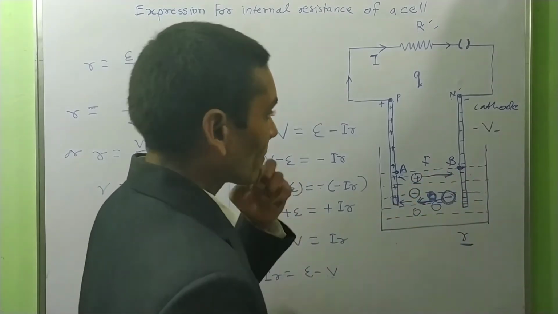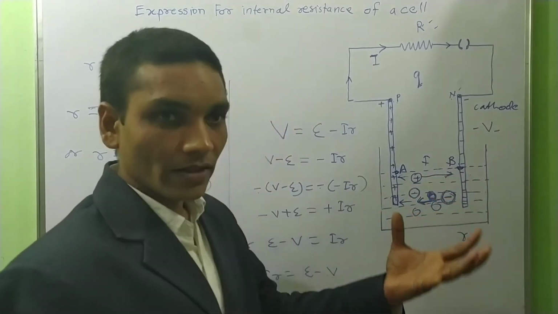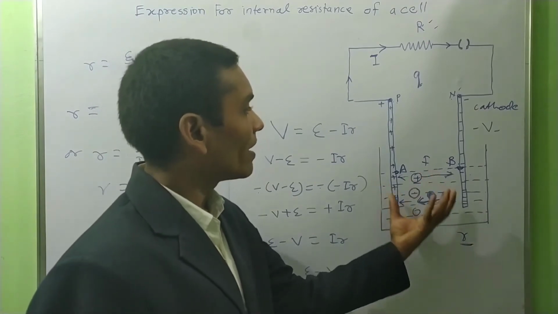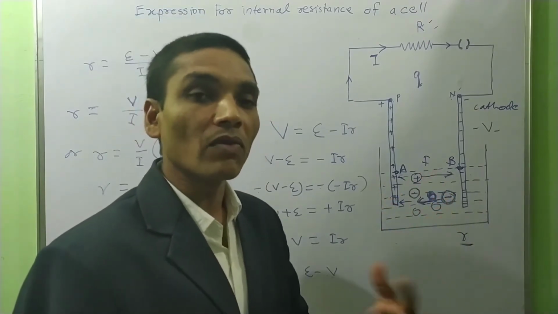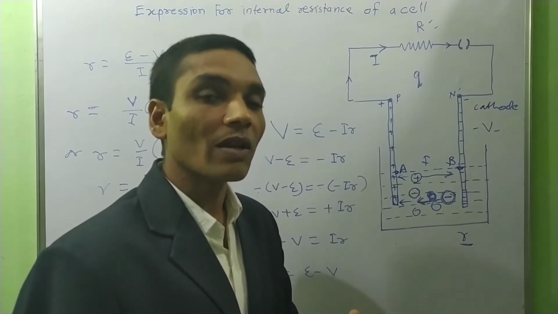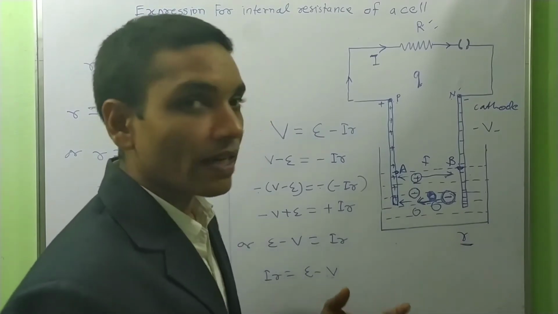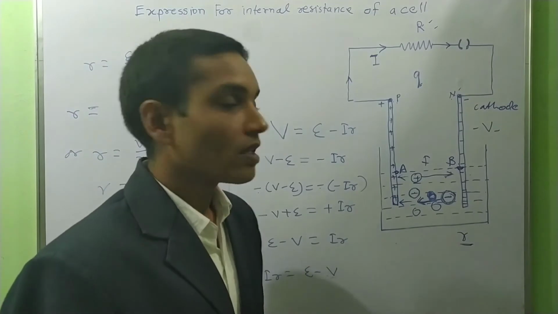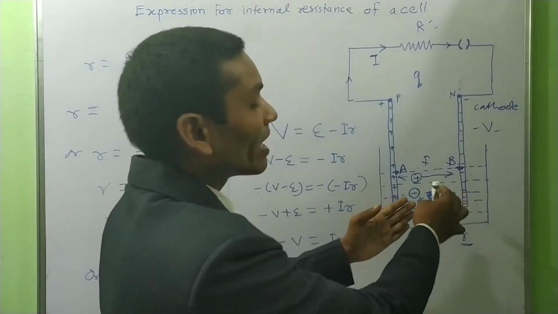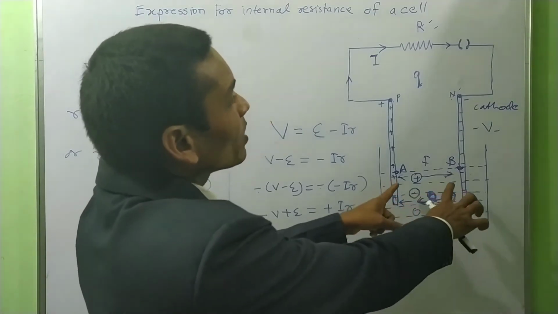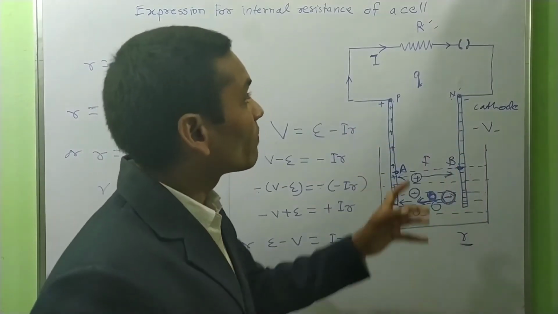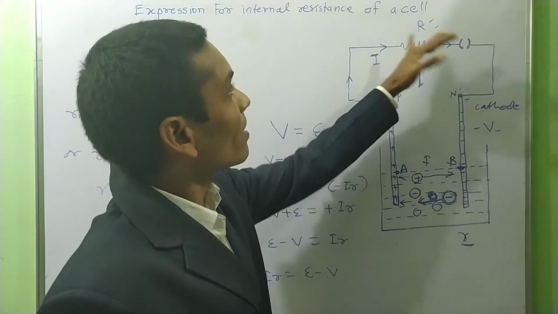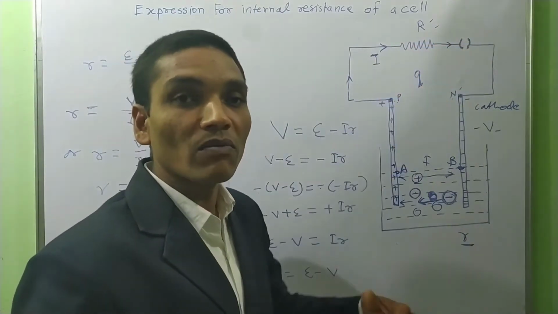If the concentration of the electrolyte is more, then the number of ions will be more. When the number of ions is more, more ions reach the opposite electrodes, and the current flowing through the external circuit will be more.